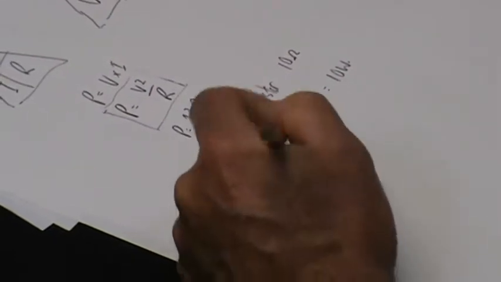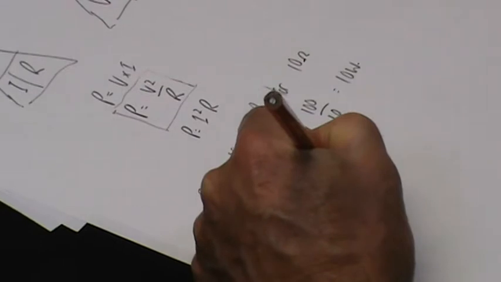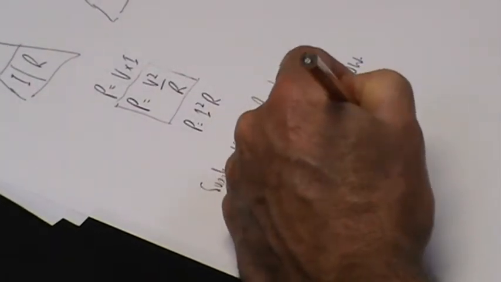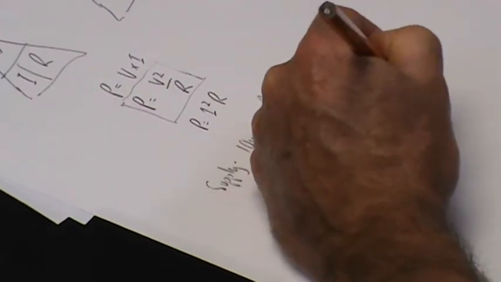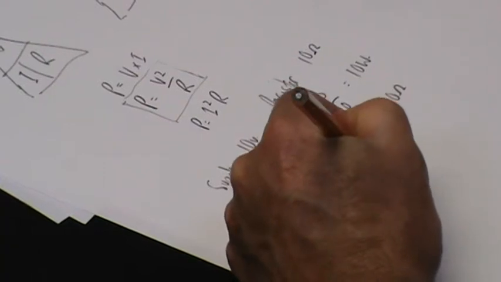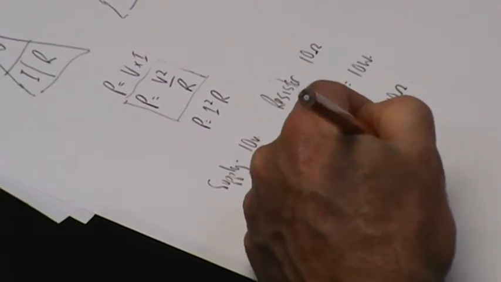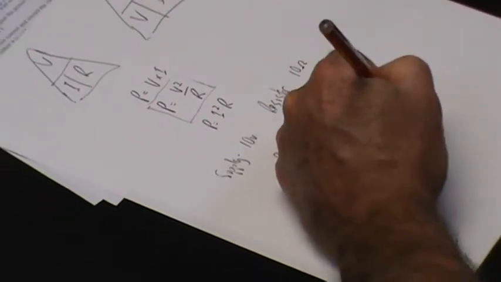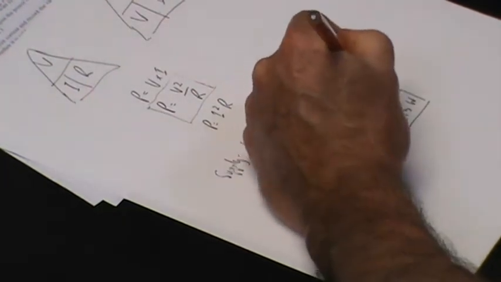The resistor is still a 10 ohm resistor. P is equal to 5 squared divided by 10, which is 25 divided by 10, equal to 2.5 watts.